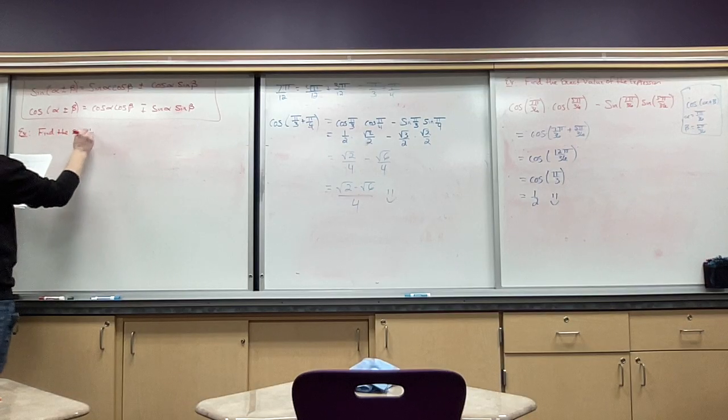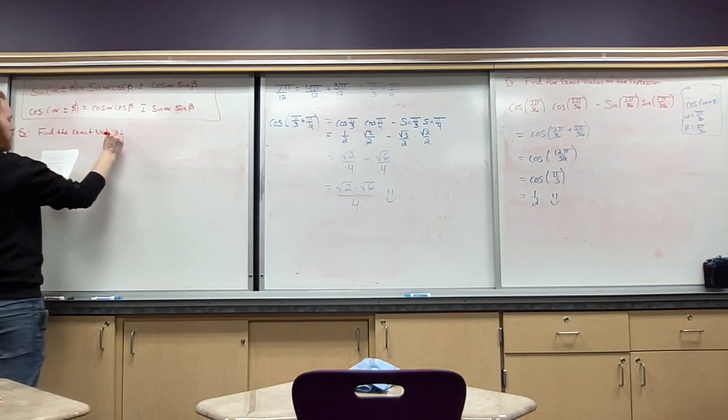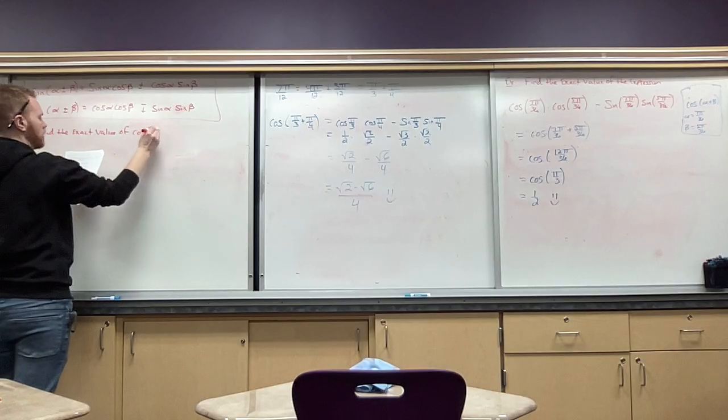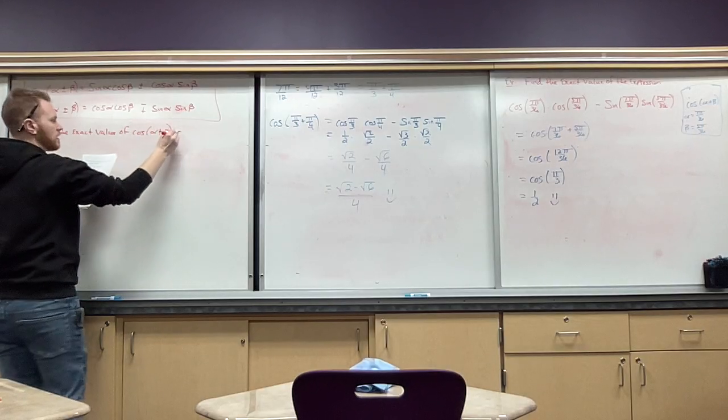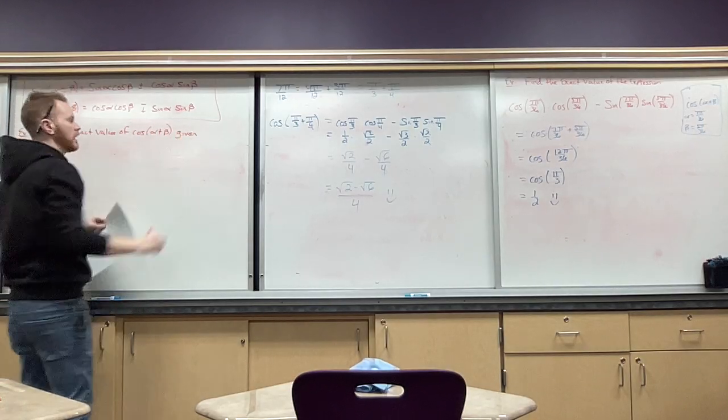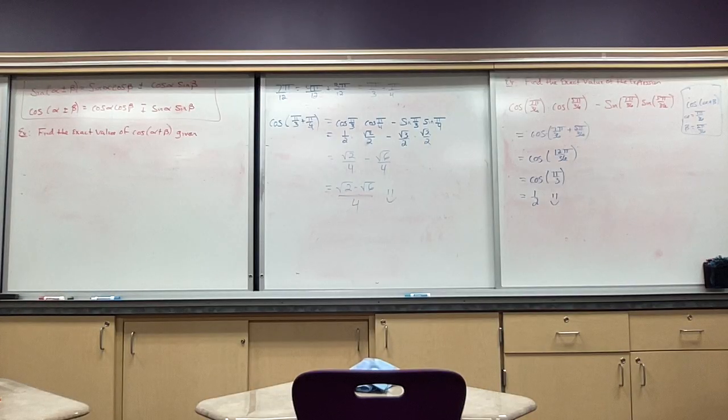Find the exact value of cosine of alpha plus beta given, now what I'm going to do in this example, I'm going to change it up a little bit. I'm going to give you some hints or just some guidance of what alpha and beta are in terms of other trig functions and see if we can relate it to cosine, okay?